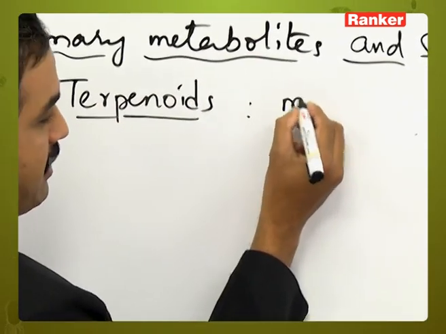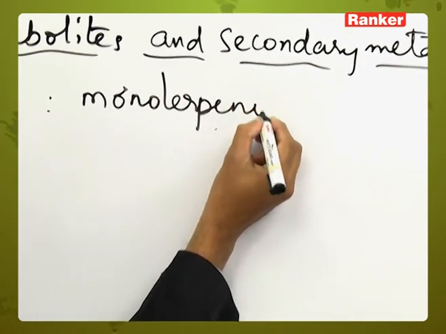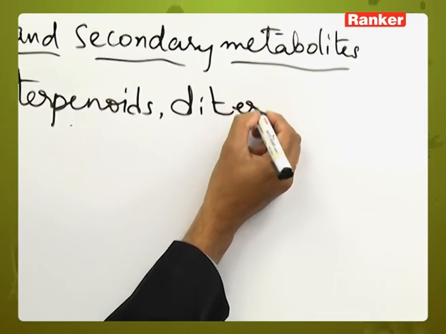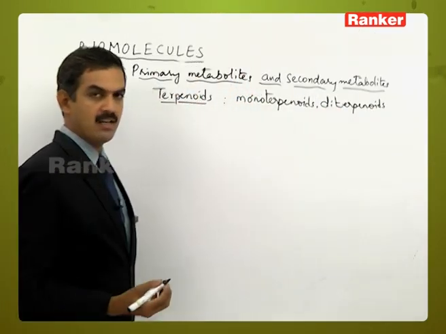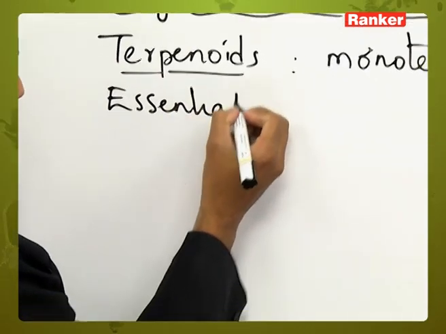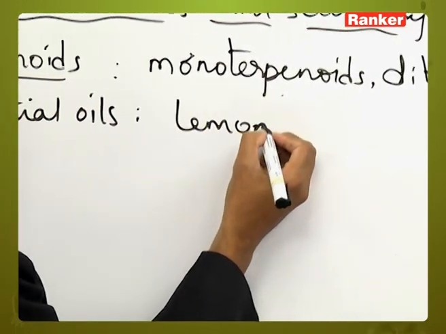Terpenoids like monoterpenes or monoterpenoids, diterpenoids, etc. And others are essential oils, like lemongrass oil.